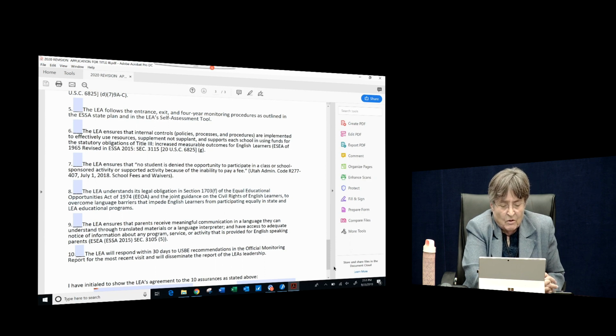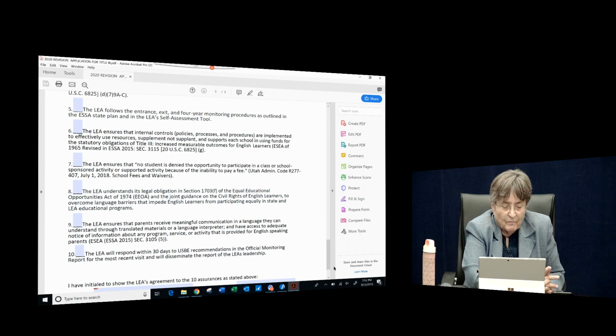Number 7: there's been legislation changing school fee waivers, and we have a fee waiver task force with a group who spends time focusing on what Utah has considered a major priority, which is that no student is denied the opportunity to participate in a class or school-sponsored activity because of the inability to pay a fee.